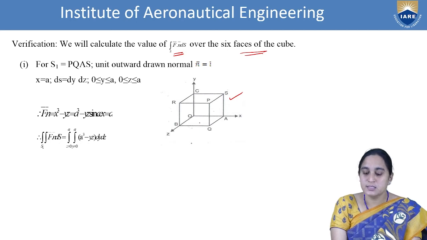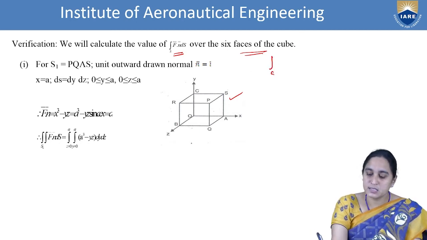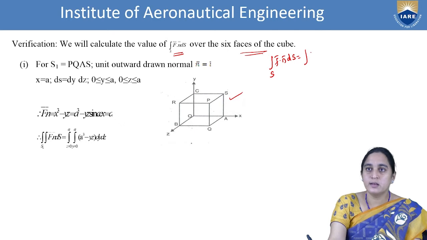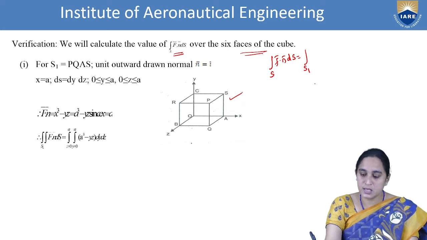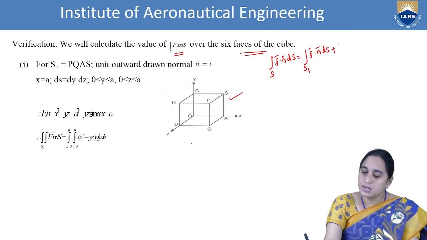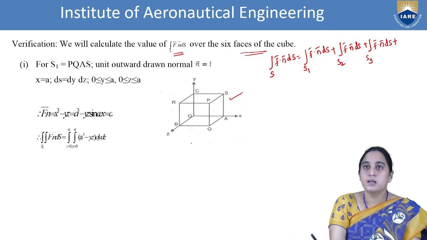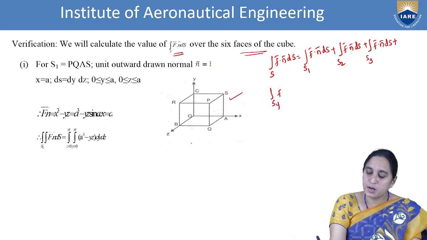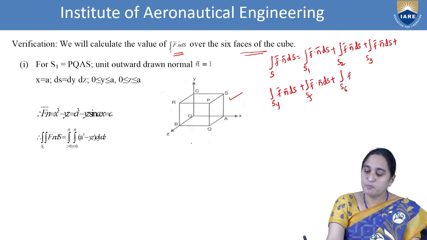Over the 6 faces, the surface integral over S of F bar dot N bar dS is equal to the sum of the surface integrals on each face: integral over S1 of F bar dot N bar dS plus integral over S2 plus integral over S3 plus integral over S4 plus integral over S5 plus integral over S6.